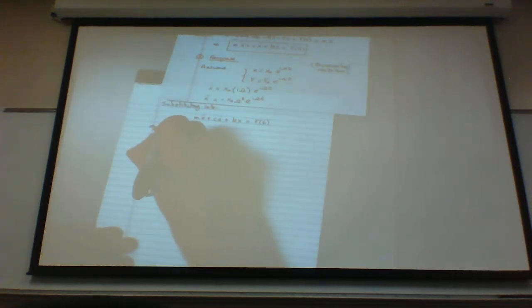So we'll have m times minus x naught omega squared e to the i omega t, plus c times x naught i omega e to the i omega t, plus k times x naught e to the i omega t, and this should be equal to f naught e to the i omega t.